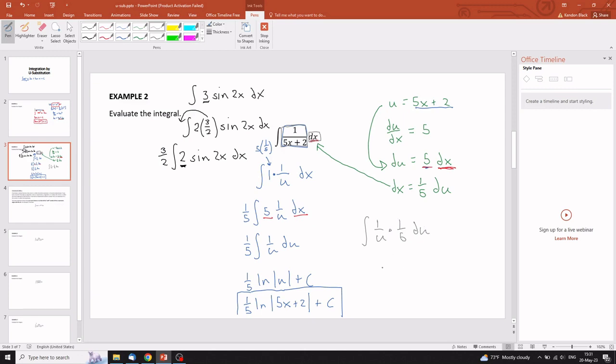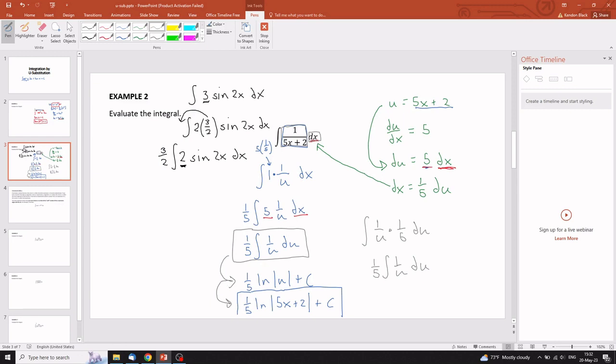And now we can just pull the 1/5 outside of the integration symbol. And now this step is the exact same as this step here. And so from there, these final two steps will be exactly the same, and we'll end up with exactly the same answer.